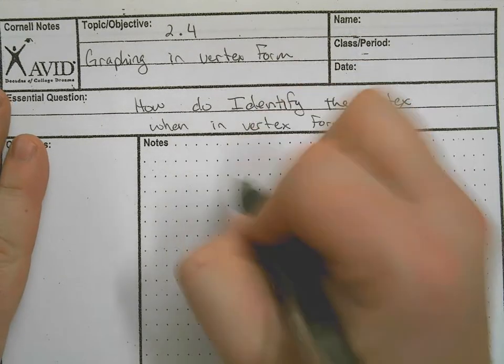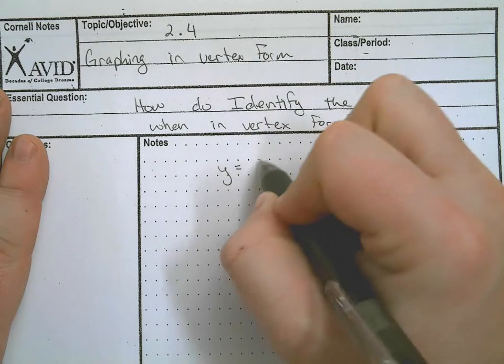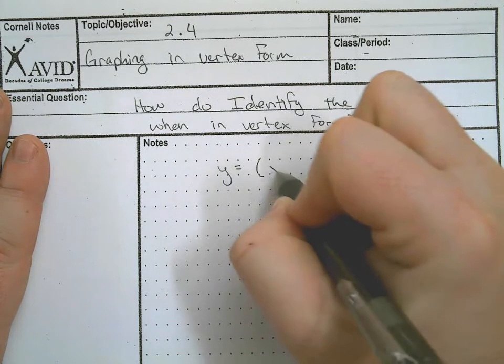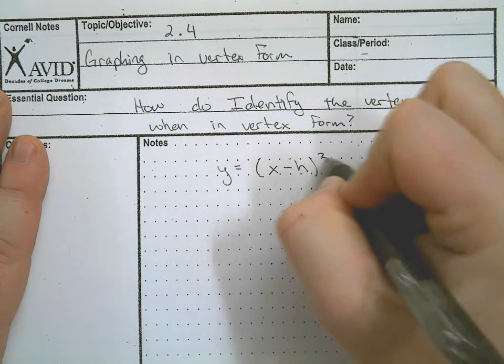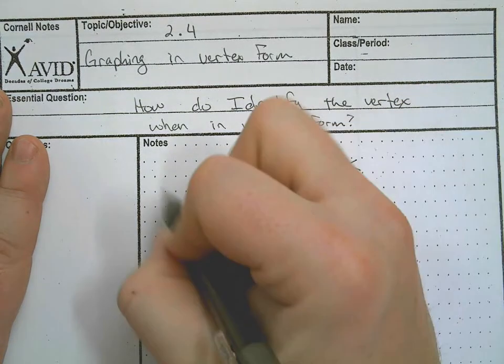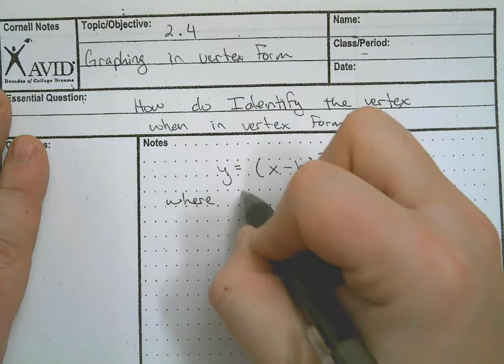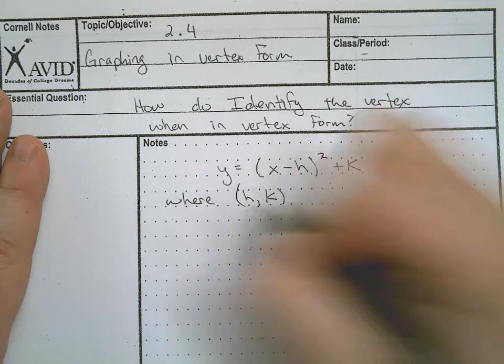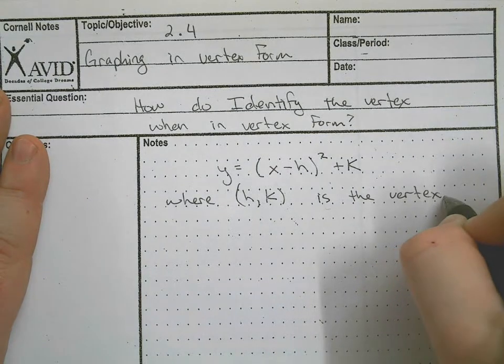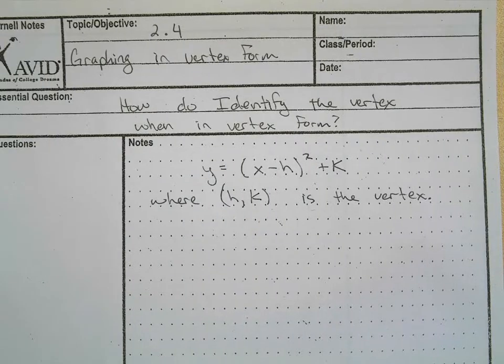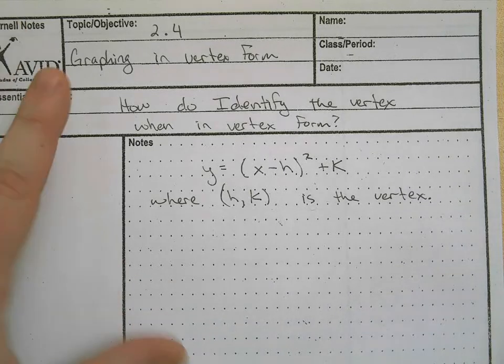So our vertex form looks something like this. This is vertex form.